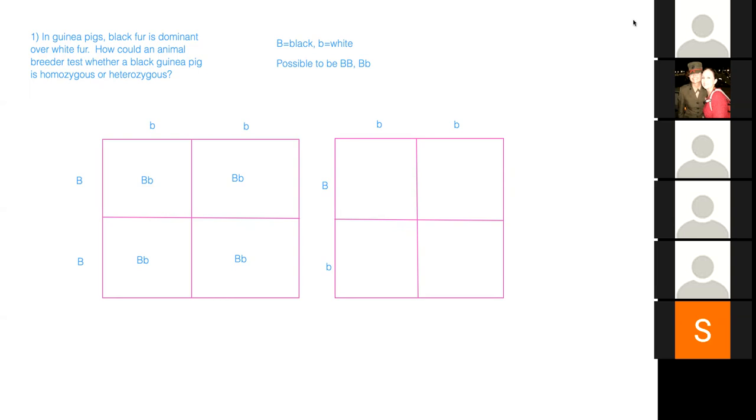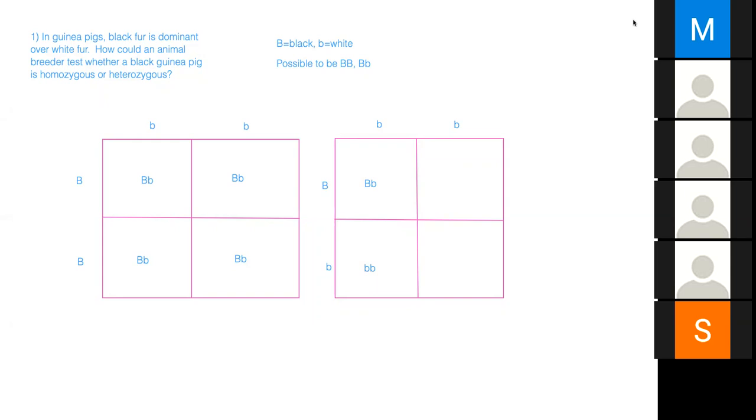Now let's look at the right Punnett square. What am I going to get in this top left corner? Big B, little b, thank you. And what am I going to get in the lower left corner? Little b, little b. What am I going to get in the top right corner?